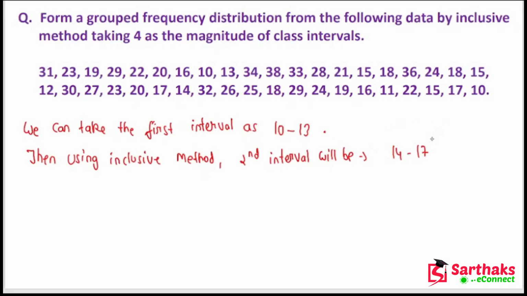There will be a gap. Similarly the third interval. Similarly, for the last interval you have to calculate in rough. I have already calculated. You have to check that it fits your maximum value or not. The last interval will be 38 to 41.